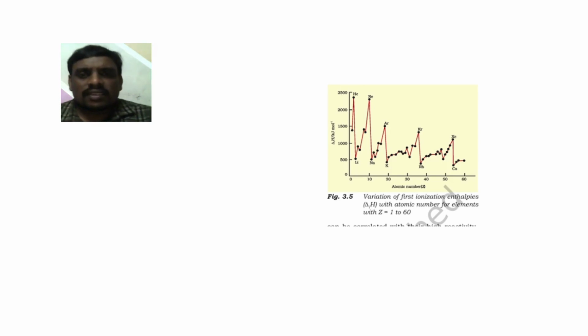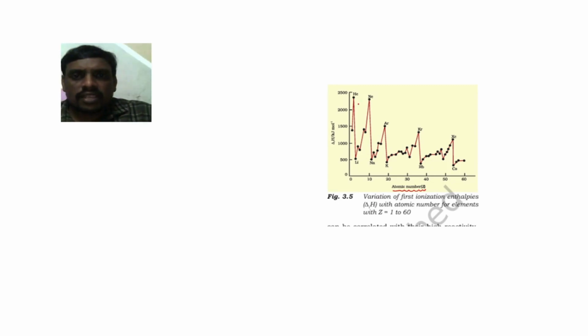If you see this graph here, for the zero group elements I have taken gases like helium, neon, argon, krypton, xenon, etc. On one axis I have taken atomic number Z, and on the other axis delta H in kilojoule per mole, the energy.